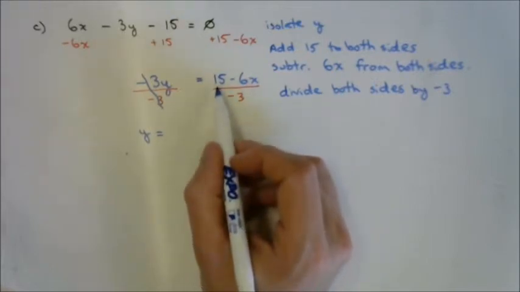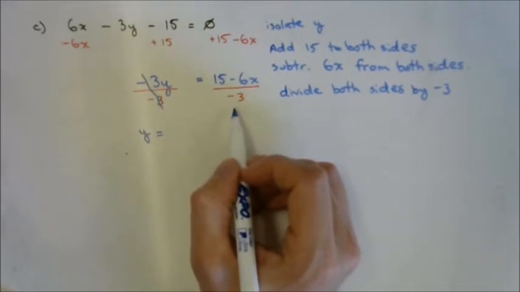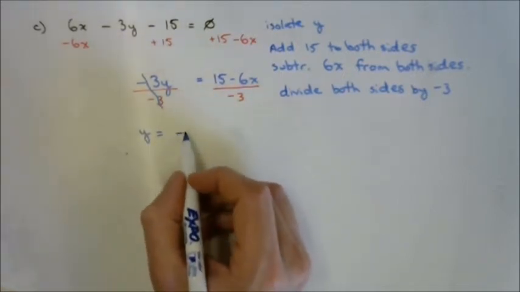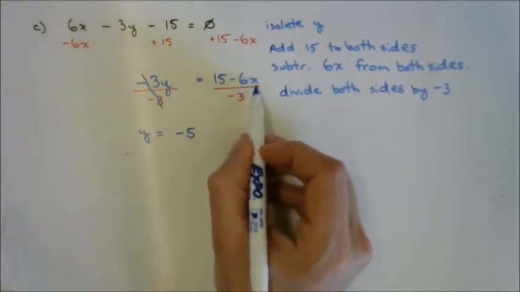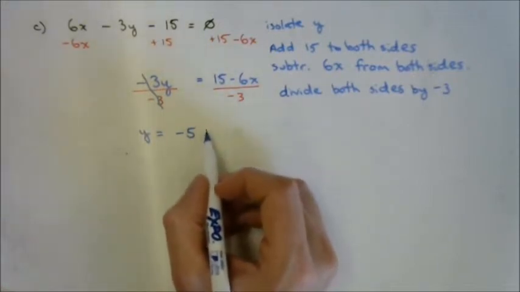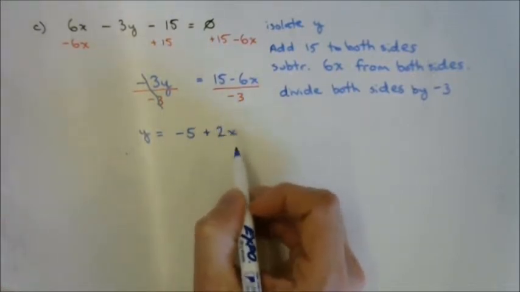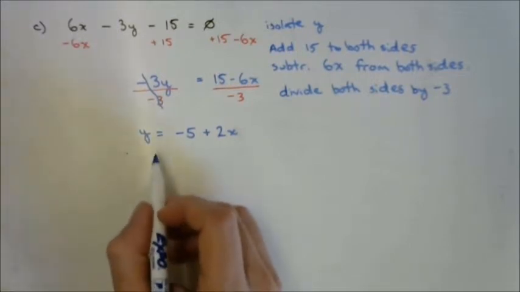So what happens when you take 15 divided by negative 3? Negative 5. What happens when you take negative 6x divided by negative 3? Positive 2x. See, we're talking about the last problem we did; we used the distributive property.